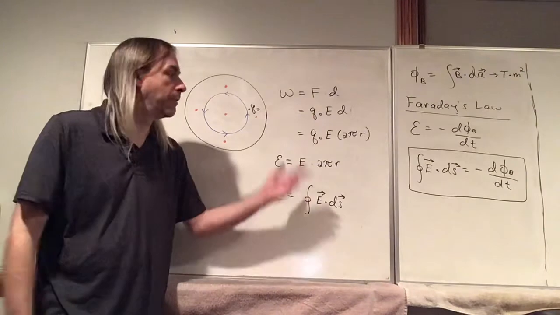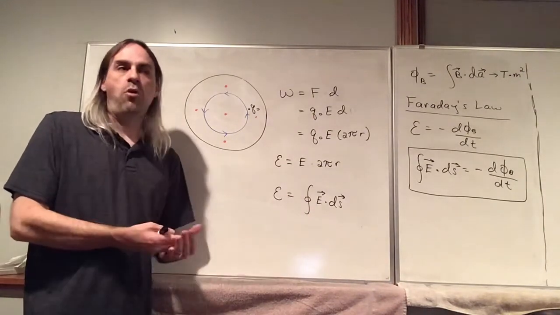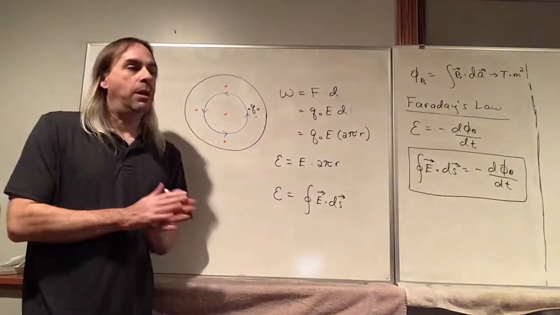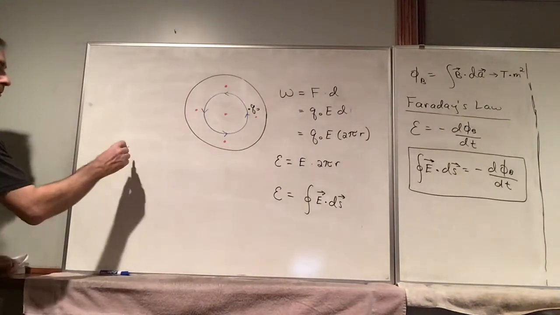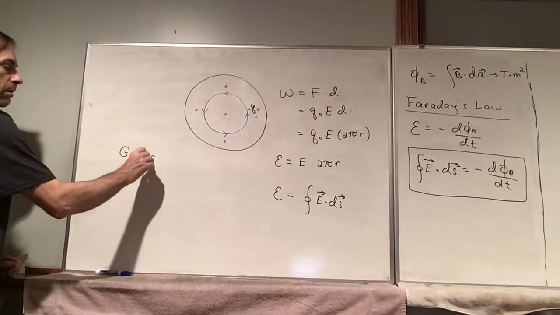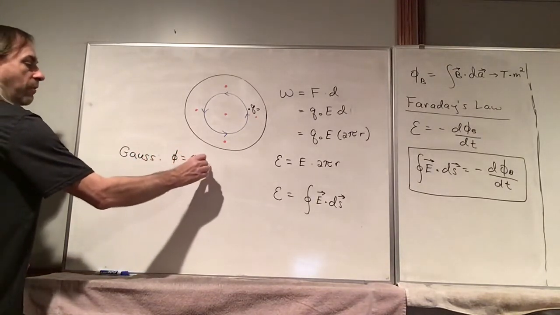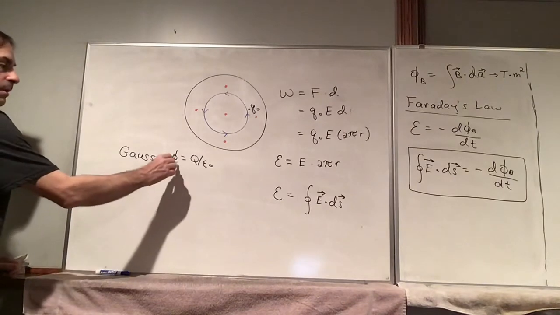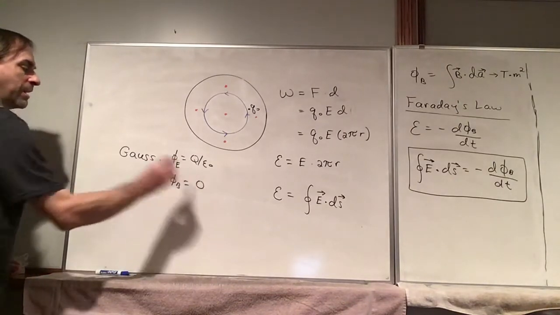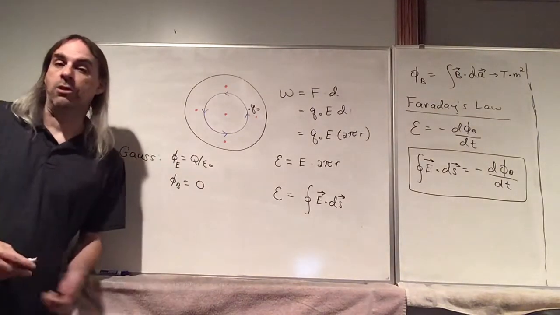Who's Maxwell, anyways? Well, it turns out that there's 4 laws. Actually, we're kind of done now, in a sense. We talked about Gauss's law. There's actually 2 Gauss's laws. So we have Gauss that the flux is equal to Q over epsilon naught. That's the electric flux. Gauss's law for magnetic flux is that the flux is 0.